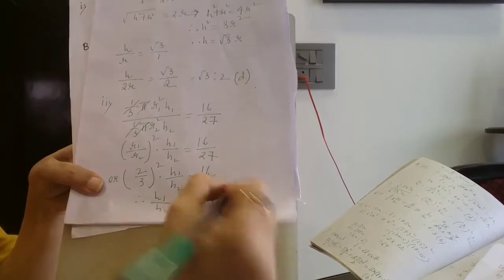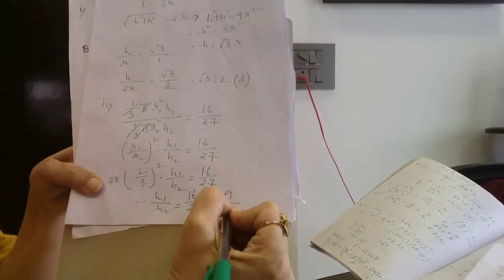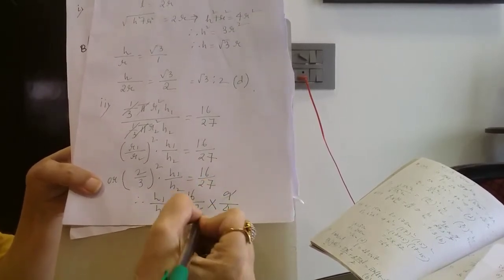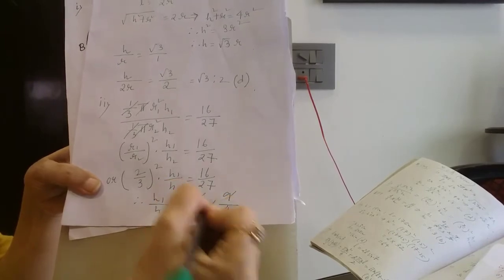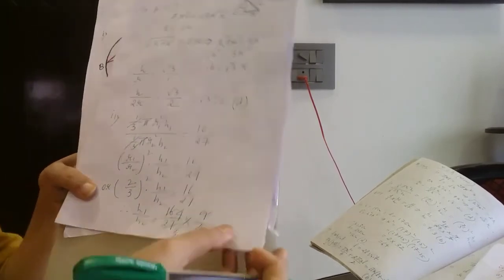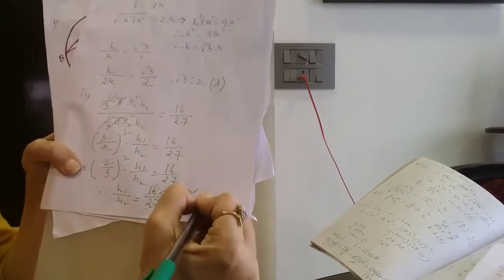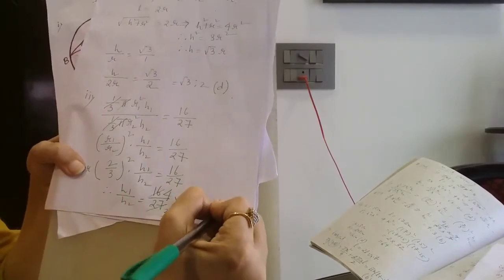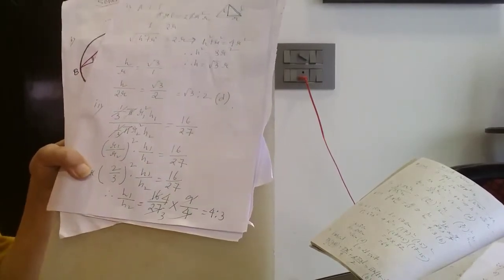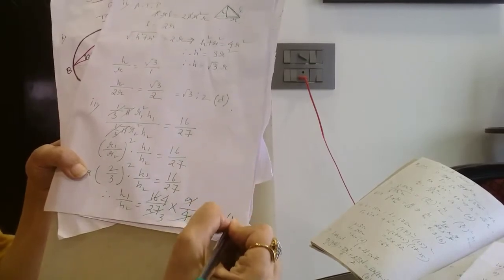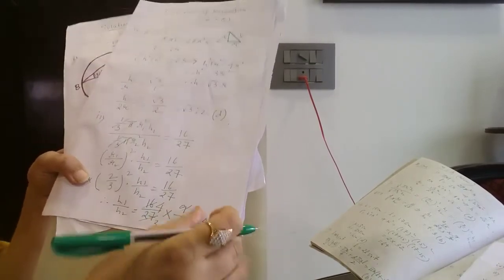That means it will be 9 by 4. After cancellation, it is coming 4 is to 3. Here the option given is B. It will be the correct answer, option B.